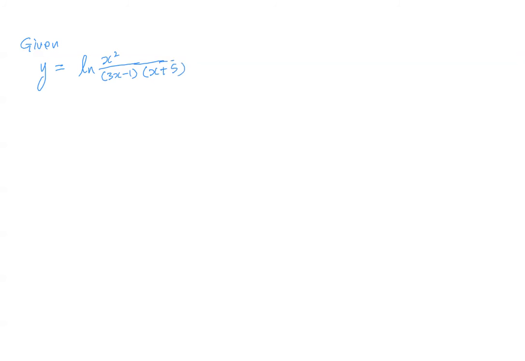Okay, if I give you like that, y equal to ln of x squared divided by (3x minus 1)(x plus 5). So how to find the dy/dx? And x equal to what?